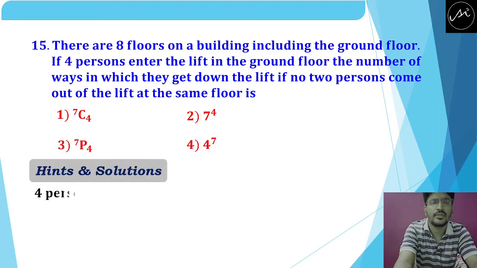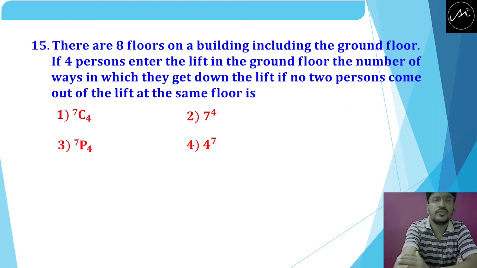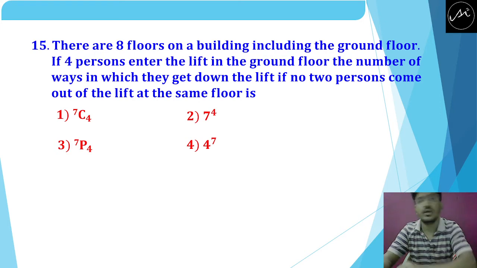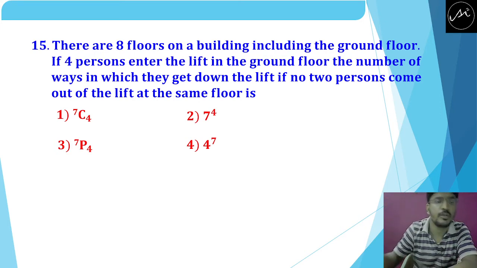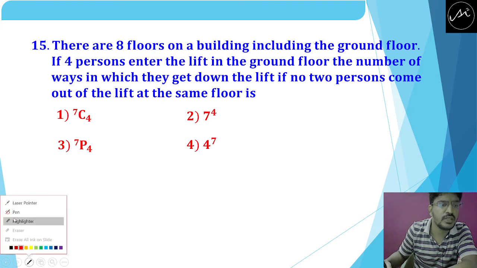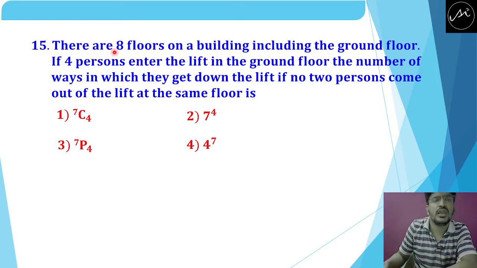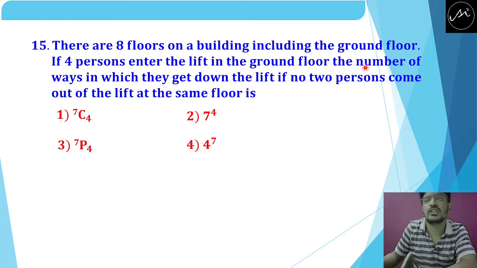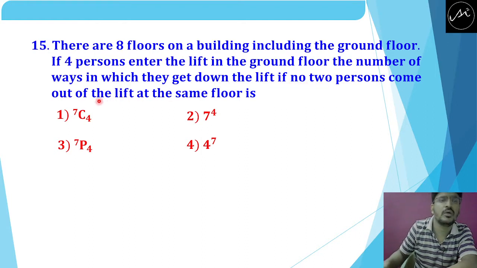Clear? Okay, so here we can go for the 15th problem and we shall see what they are asking. In the 15th problem, they have given that there are 8 floors in a building, including the ground floor. If 4 persons enter the lift on the ground floor, the number of ways in which they can get down the lift if no 2 persons come out of the lift at the same floor is.